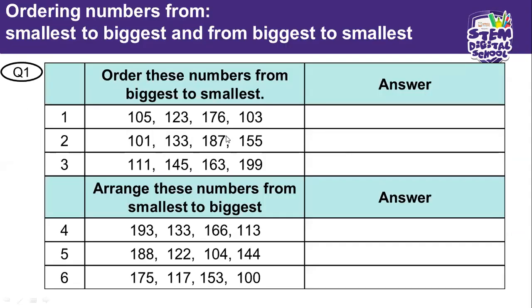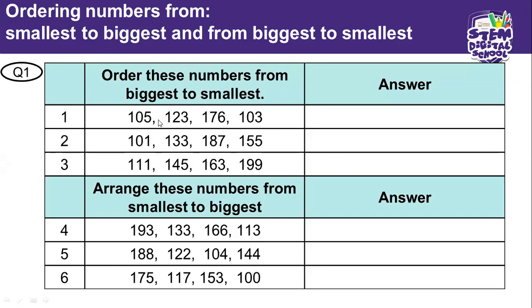So now, please in your exercise book, write this Q1 here means it's question 1. The first one says, order these numbers from biggest to smallest.